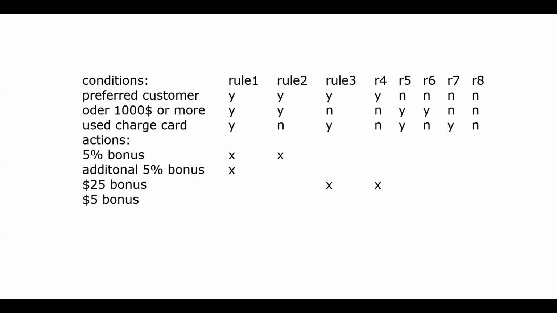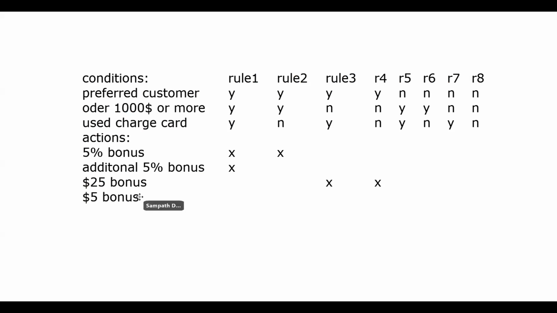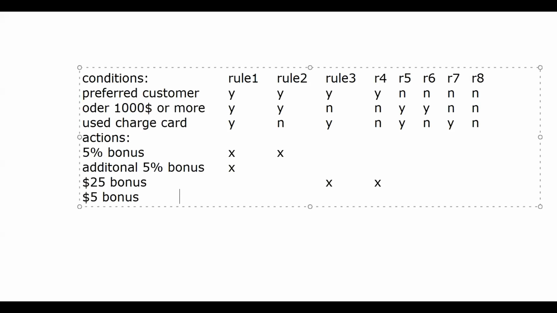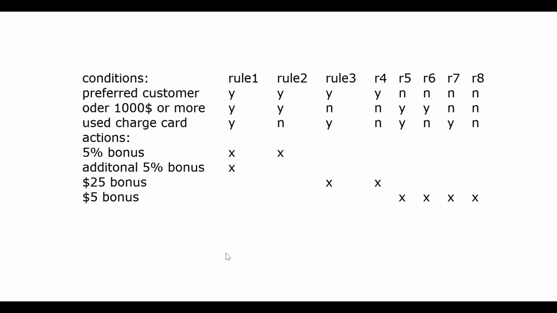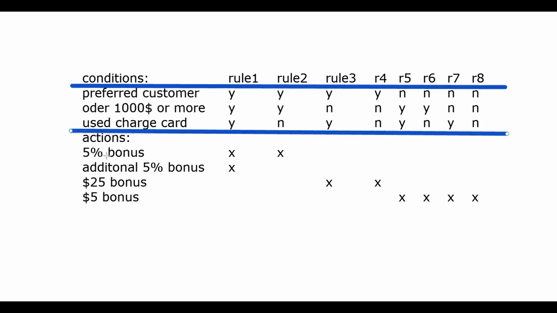All the other customers, they'll get 5%. Sorry, $5. So this is how it should be. So you can see, in this particular case of a decision table, we have all the conditions we put up like this, and then we have put up all the actions.